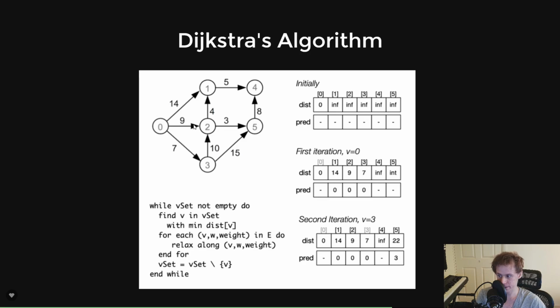And we go, okay, there's a 2. However, what we notice is that the 7 plus the 10 is 17, and we've already found a shorter path. There's already a shorter path to 2, and it costs 9. So our other path of 17 gets disregarded because there's already a shorter path. We haven't learned anything new, right? Even though we found another path there, it's not better. So there's no new information about the shortest path to 2.